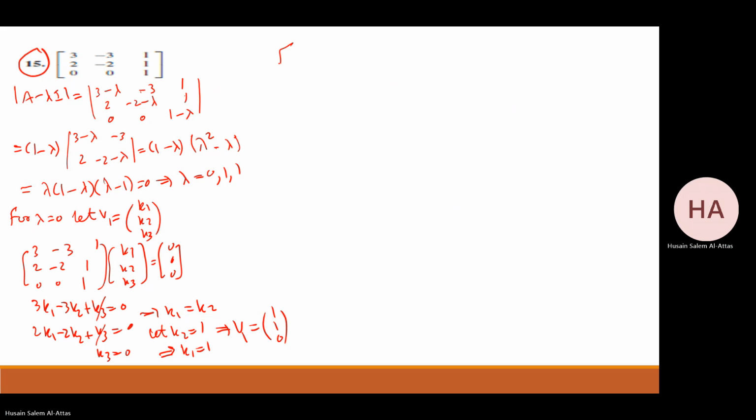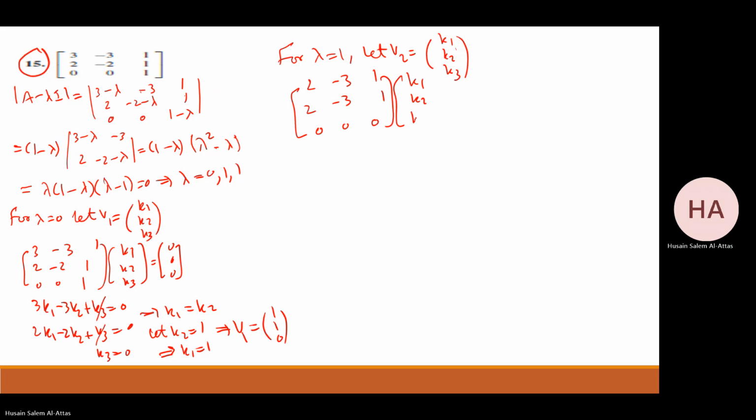Now lambda equals 1. I need V2 to be K1, K2, K3. See what will happen. I have 2, minus 3, 1, 2, minus 3, 1, and 0, 0, 0. So I have 2K1 minus 3K2 plus K3 equals 0.